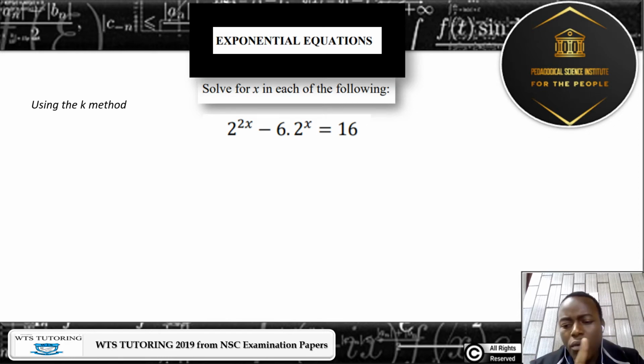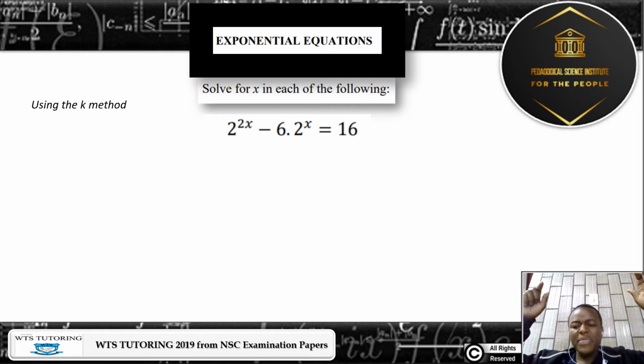Okay, how do I know that in this kind of exponential equation I'll have to use the K method? Those are the kind of exponential equations where you have tried everything you can and yet you didn't get the answer. So you have to think of the K method. These are the kind of exponential equations where you check the exponents.